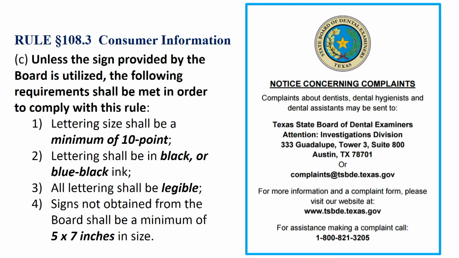Lettering shall or must be in black or blue-black ink. All lettering shall be legible. And signs not obtained from the board shall be a minimum of 5 by 7 in size.